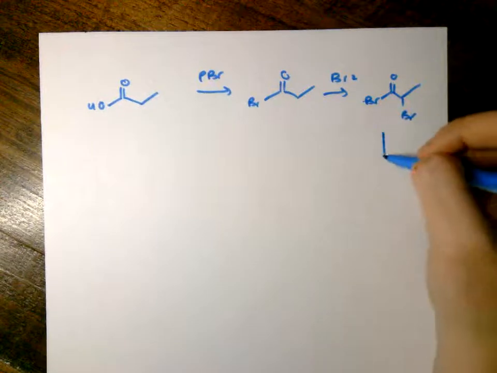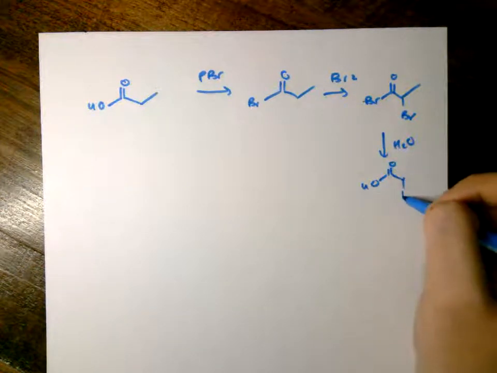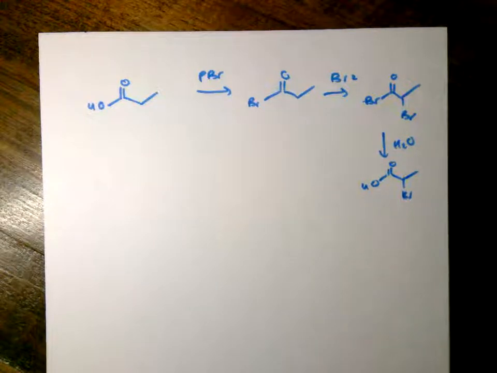And then people will use water to bring that back to a carboxylic acid. So this is called, I can never remember, it's like HVZ, but this is a way to do halogenation at the alpha position when you have a carboxylic acid, and then to get the carboxylic acid back after you've halogenated.